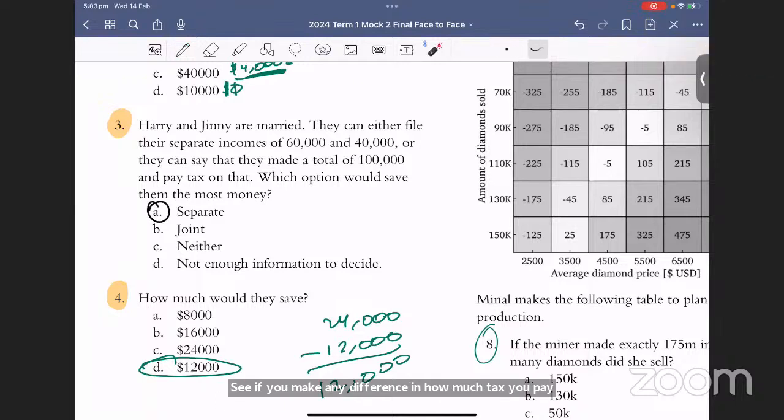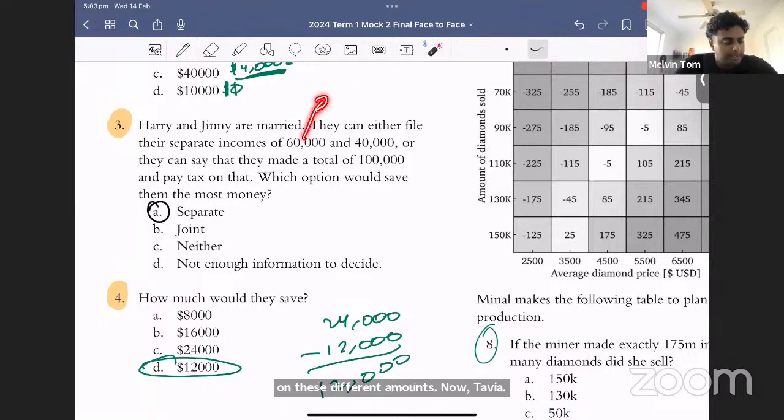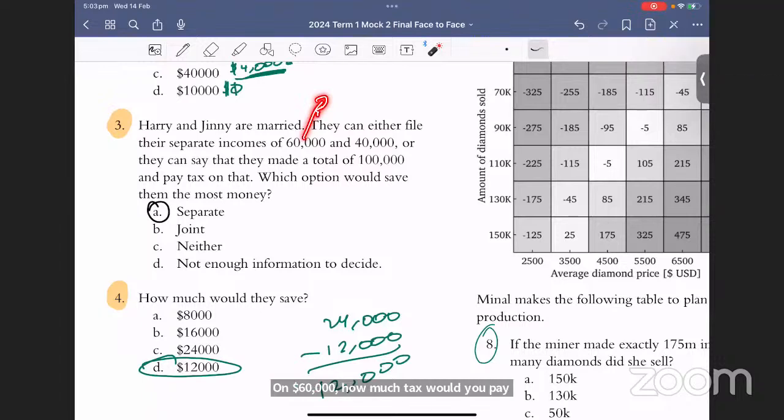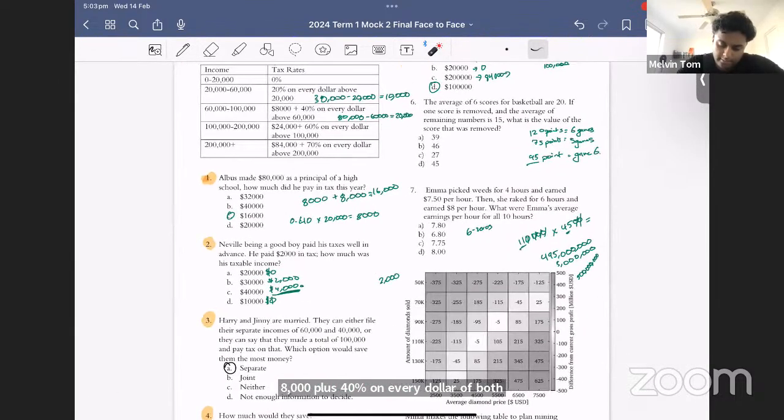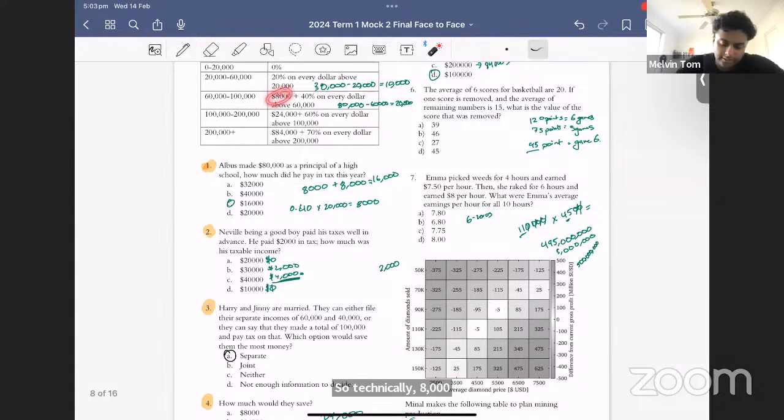Now, Kavya, on $60,000, how much tax would you pay? 8,000 plus 40% on every dollar above. Yeah. So technically 8,000. So I've had someone reach out asking, hey, 60,000 is here and 60,000 is here.